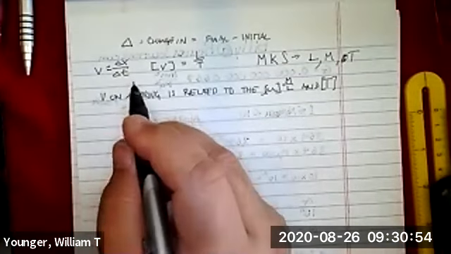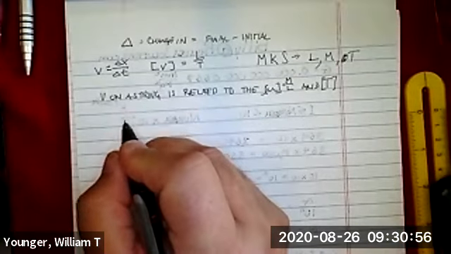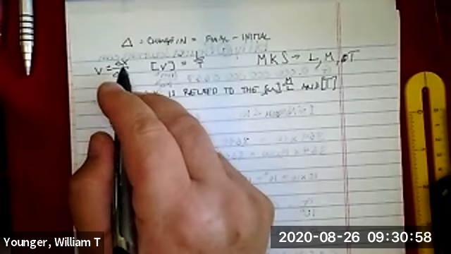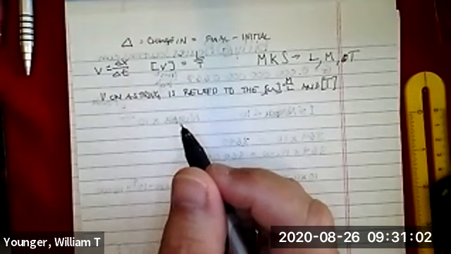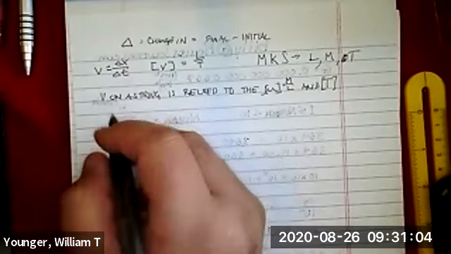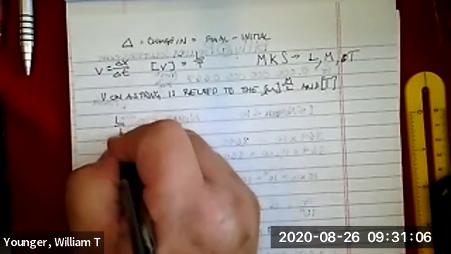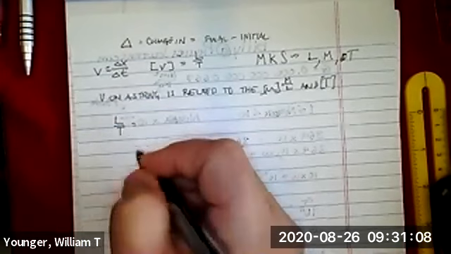But the thing is, we have to deal with a tension, which is really a force. So I'm going to say, wait a second, I know that velocity is change in distance divided by change in time. So I know what units that should have. That should be L over T. That's the dimensions.